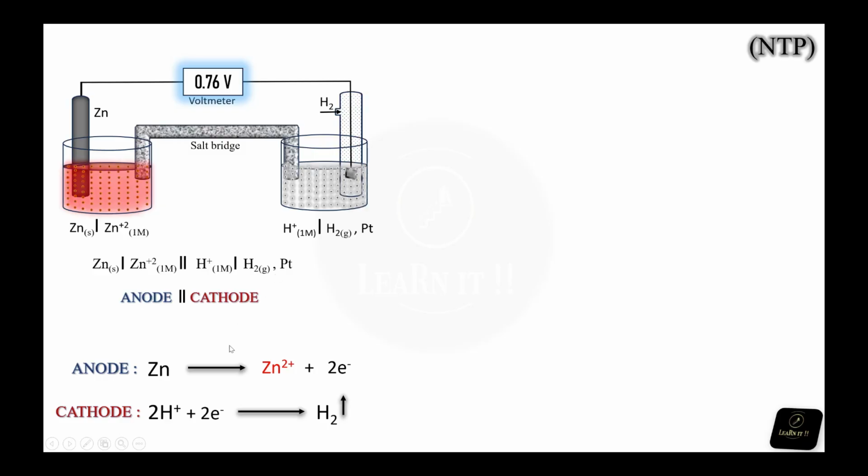These 2 H plus ions in the acid take those 2 electrons and they will convert into 1 molecule of hydrogen. So there will be evolution of hydrogen. So in the anode side, the zinc will be dissolved. In the cathode side, the hydrogen gas is liberated. So this is the cell reaction.